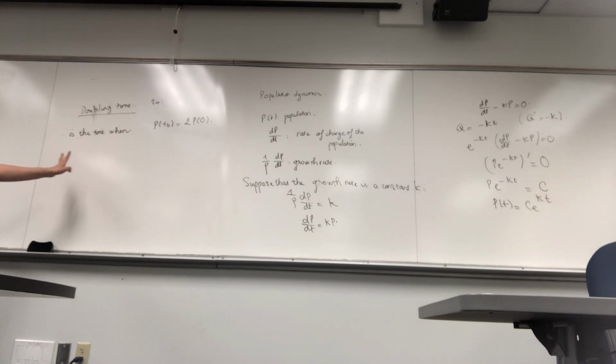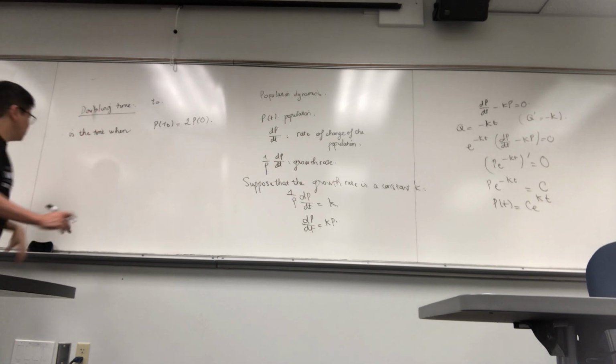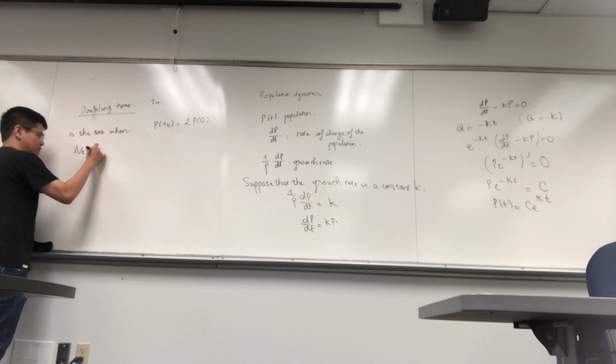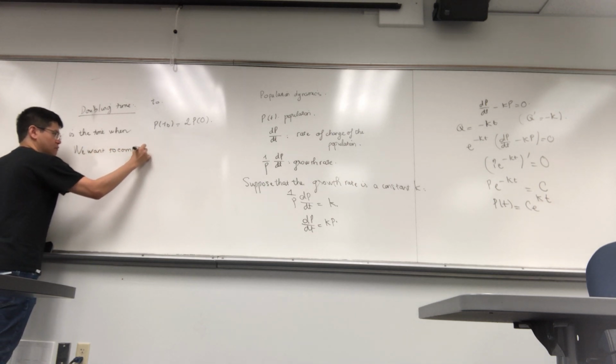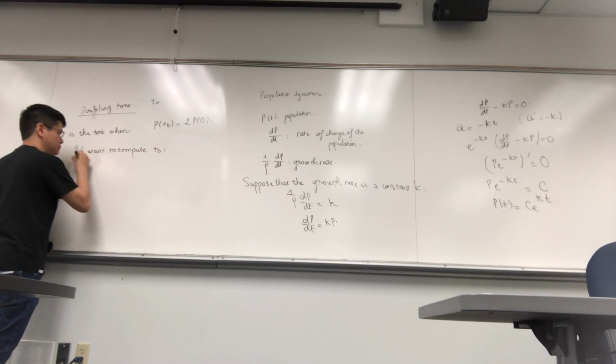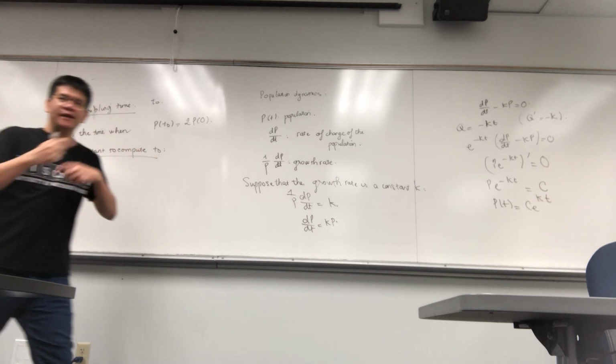So the doubling time will be the time when the population is double. So I want to compute, we want to compute t0. All right. So I explain again.